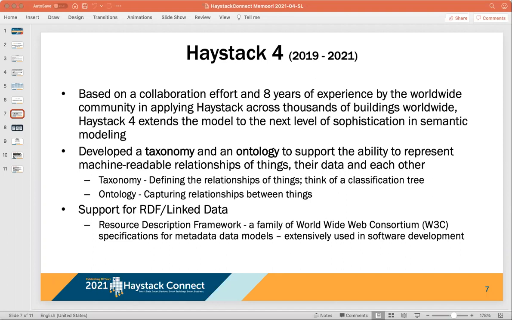And so Haystack 4, which we started working on in 2018, was introduced for public review. And what it did, it took the data modeling standard to the next level by defining the relationships of things like a classification tree, like how, in elementary school, you classify the different phyla of animals, right?